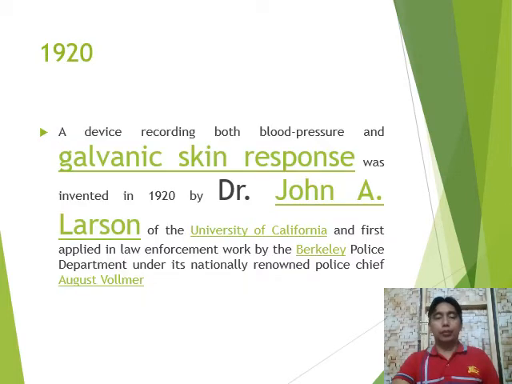That was 1914, and then as years passed by, in 1920 there was an improvement. A device recording both blood pressure and galvanic skin response was invented in 1920 by John Larson. So take note here: Lombroso introduced blood pressure, and here comes another one, galvanic skin response.